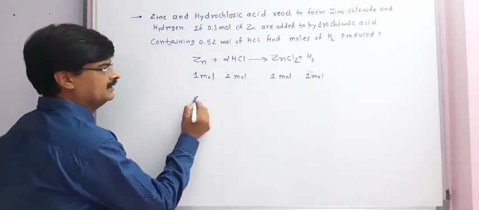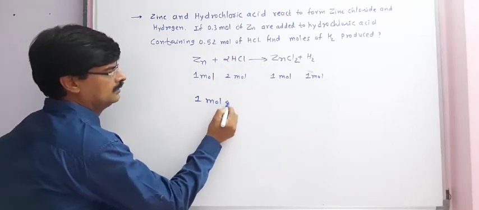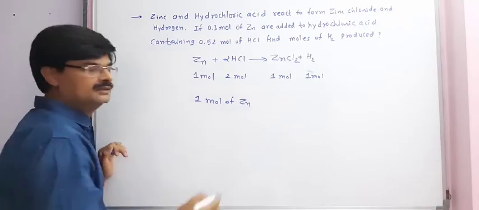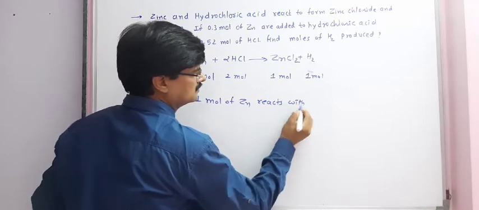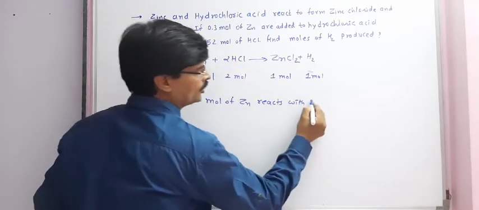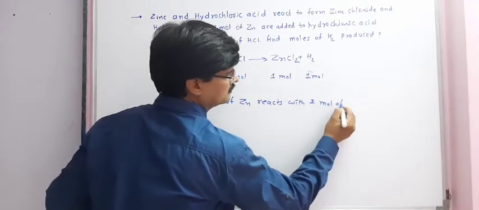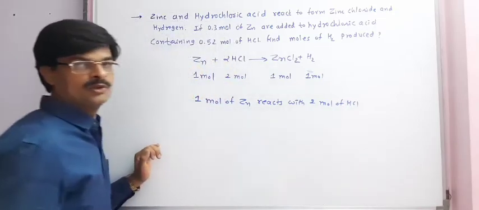So we can write 1 mole of zinc reacts with 2 mole of hydrochloric acid.